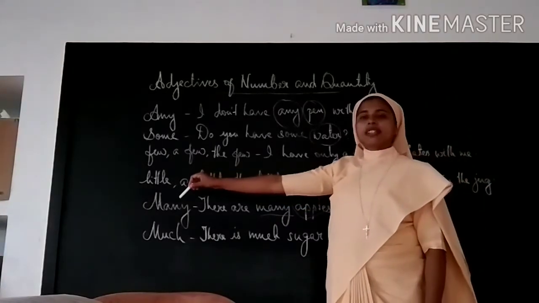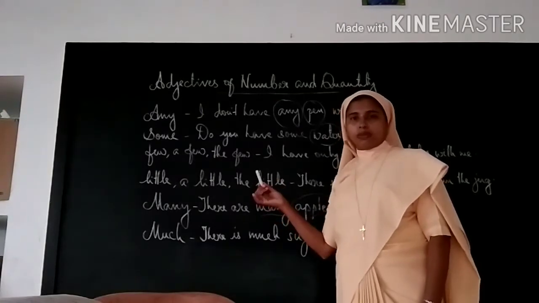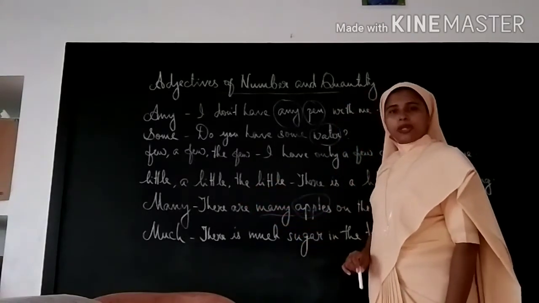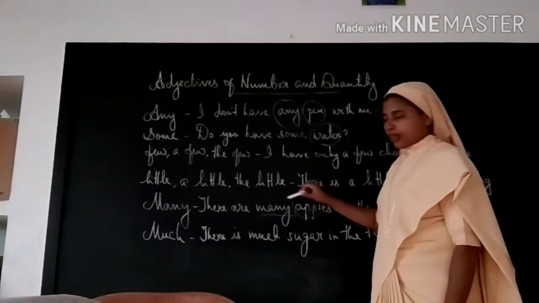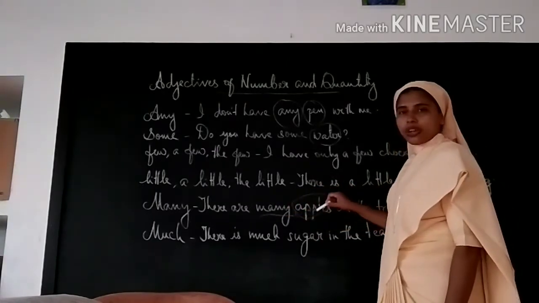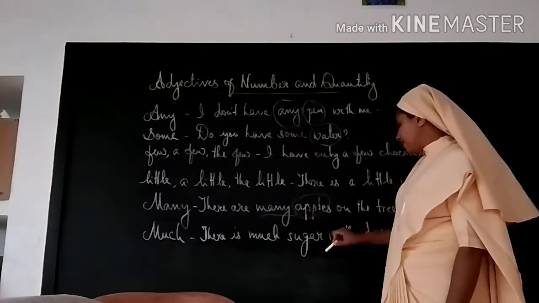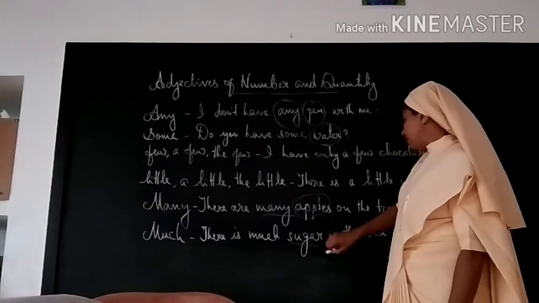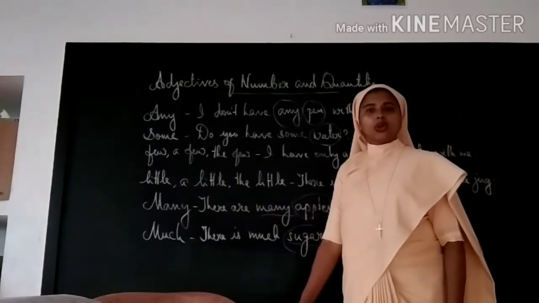In the same sense, little or the little will be used with uncountable nouns. Many will be used with countable nouns: apples is a countable noun, and many is used to qualify apples. And here, sugar is uncountable, so much will be used with uncountable nouns.